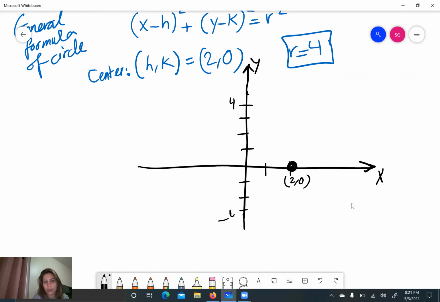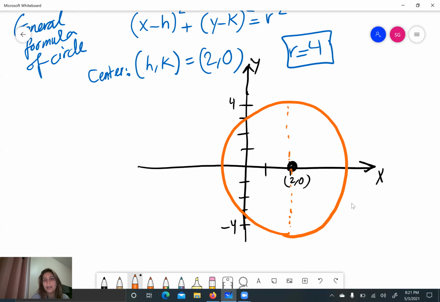Negative 4. Okay, so it's going to be something like this, right? So the radius is 4.